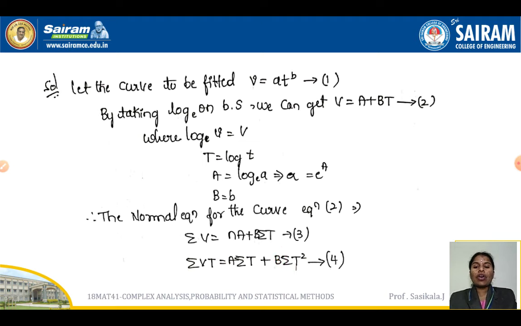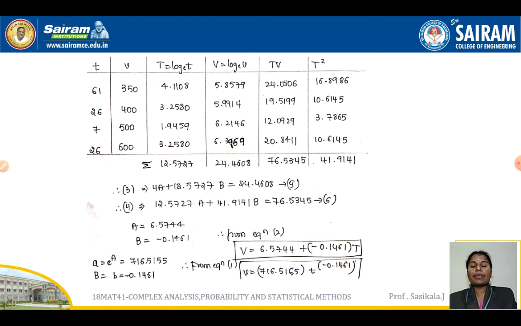It's required from the table: you need summation of TV, summation T squared, summation V, and summation T. Summation of capital T and capital V is expressed in terms of the natural logarithm of T and V. For each small t and small v, find the log to the base of e of that value to get your capital T and capital V values. Then multiply to get TV, and take the square of T to get T squared. Then find all the summations and substitute into the normal equations. I'll get your capital A and capital B.